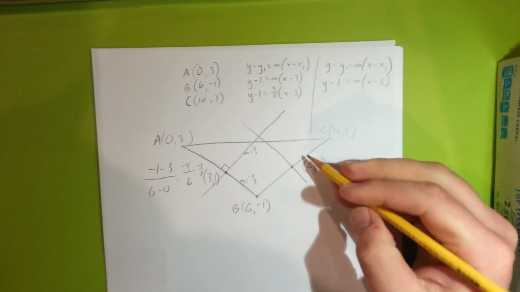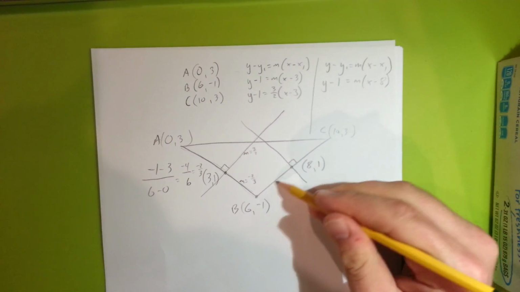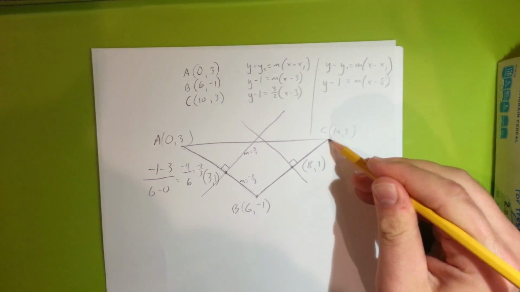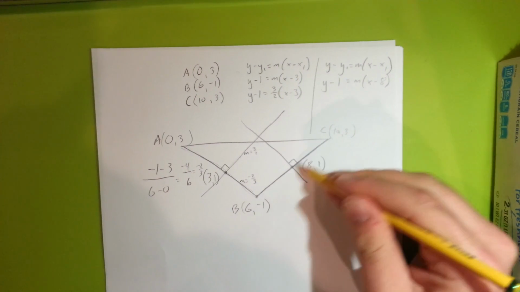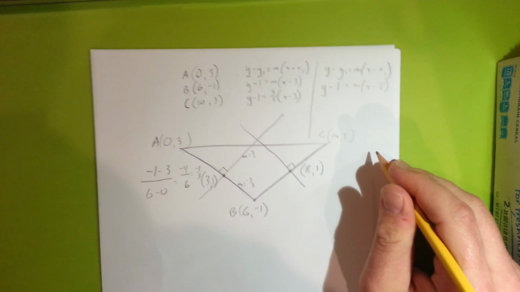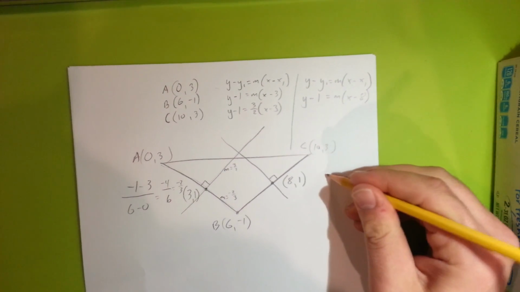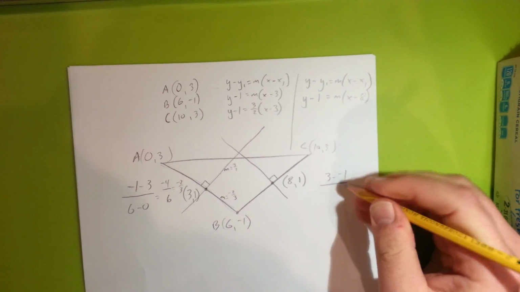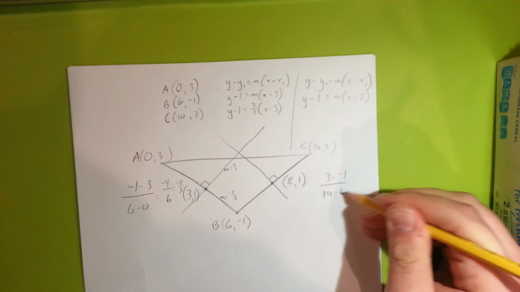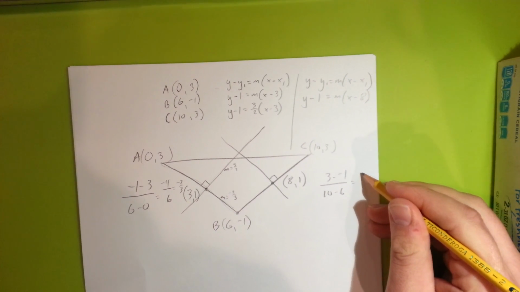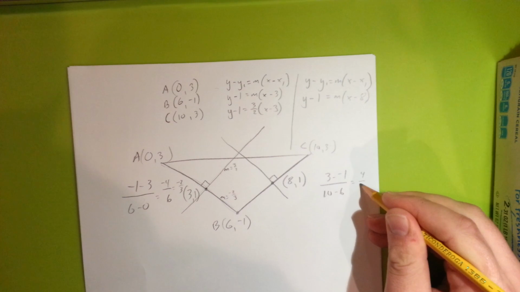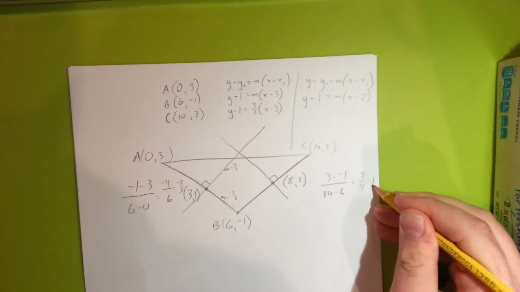Now I just need to find the slope, and once again, since it's perpendicular to this side, I can find the slope of this side and then take the opposite reciprocal. So the slope of side BC is going to be 3 minus negative 1 all over 10 minus 6. 3 minus negative 1 is 4, and 10 minus 6 is 4, so I have a slope of 1.